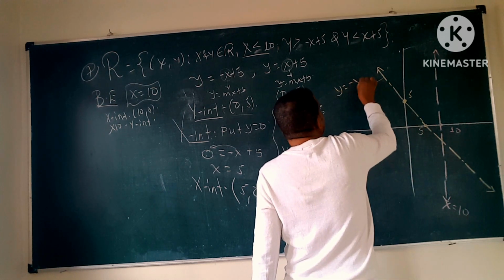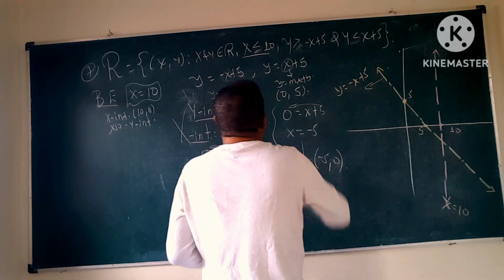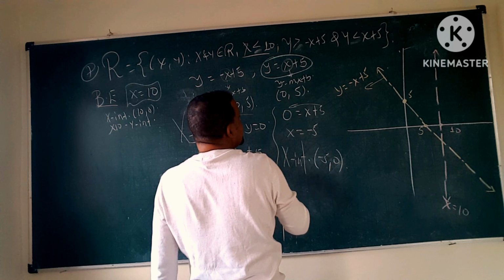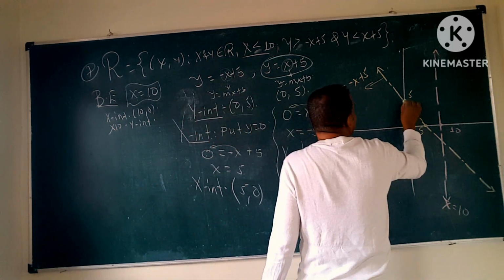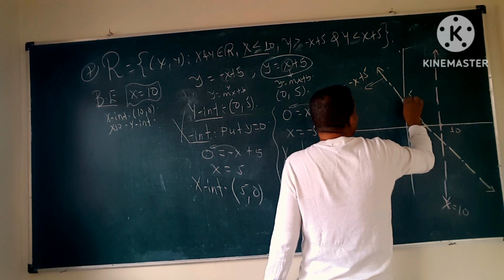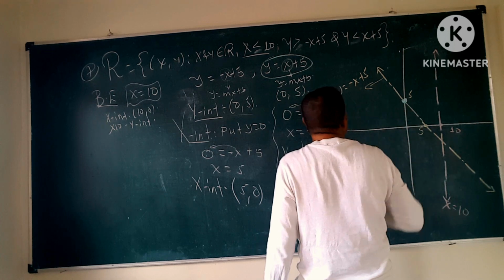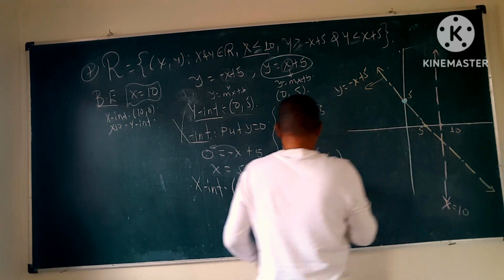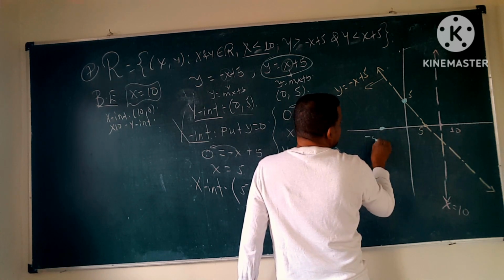This is the graph of y is equal to negative x plus 5, don't forget. What is the x intercept or y intercept? The y intercept is 5, the same for both, you see, they overlap. And the x intercept is negative 5, somewhere here.